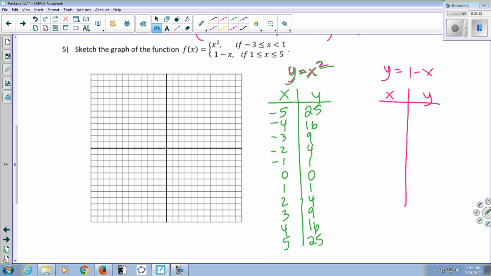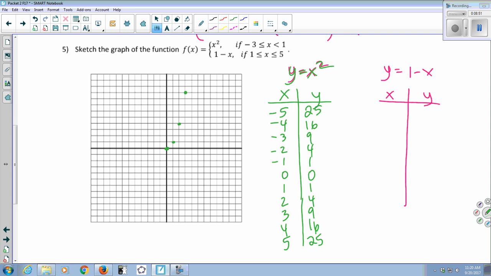So I'm going to start with 0, 0 and work my way out. So I've got 0, 0, 1, 1, 2, 4, 3, 9. And I'm not going to plot 4, 16 because it's going to go off my graph.